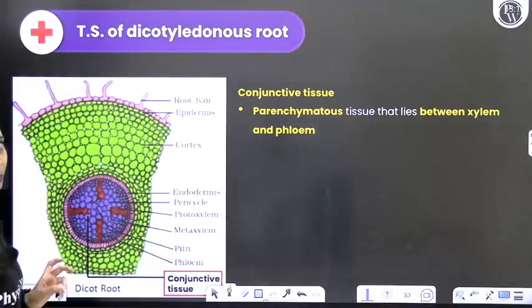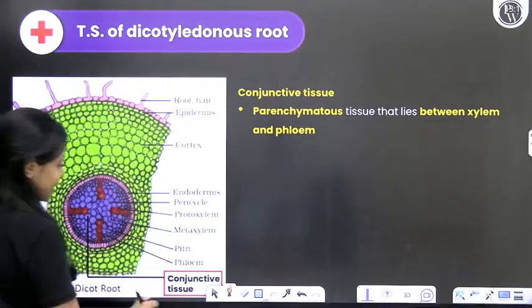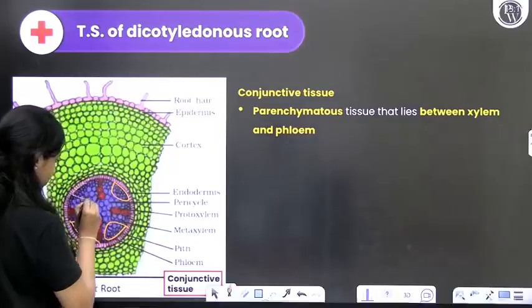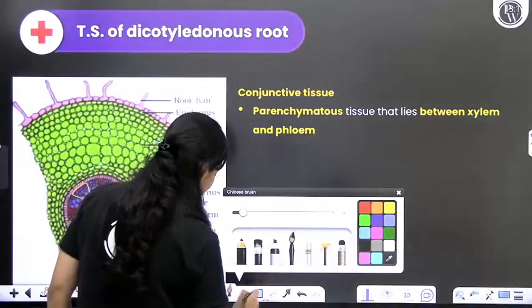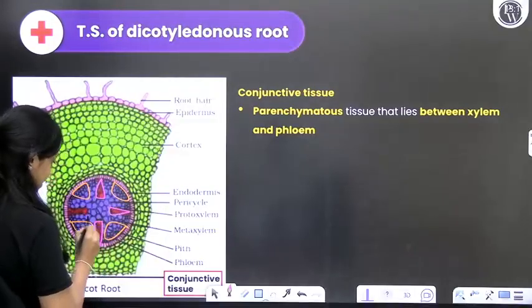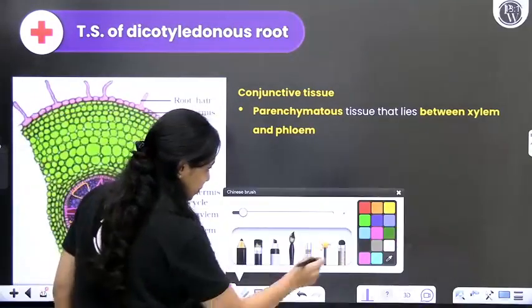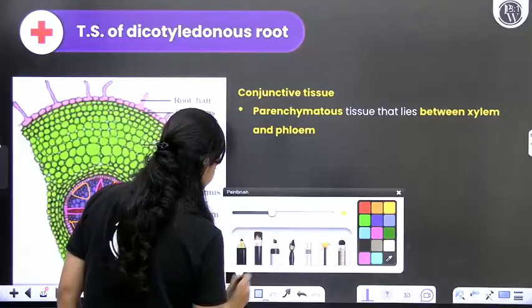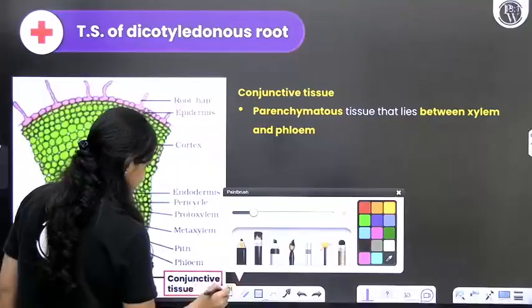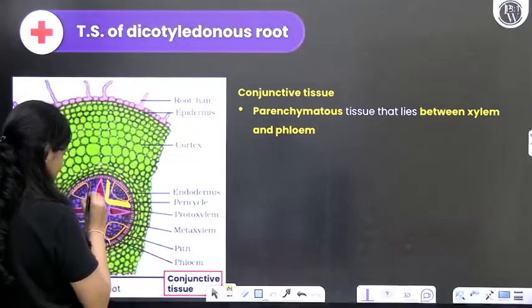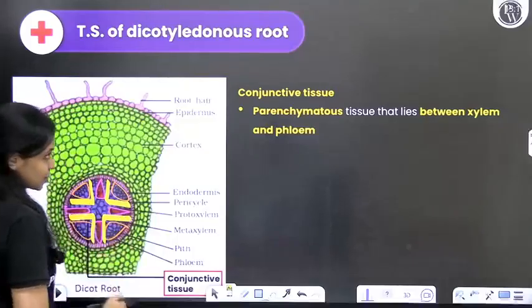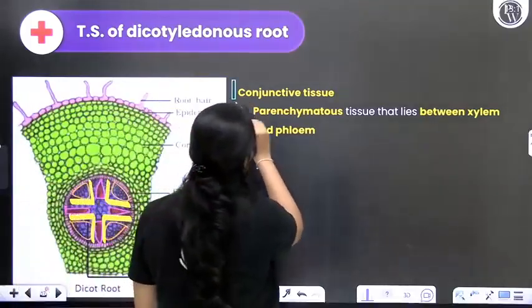Dicot roots, vascular bundles. Now, in between the vascular bundles, if this is phloem, phloem, phloem, phloem, and over here you have xylem, xylem, xylem, xylem, in between that, over here, you will have parenchymatous tissue that is called conjunctive tissue.